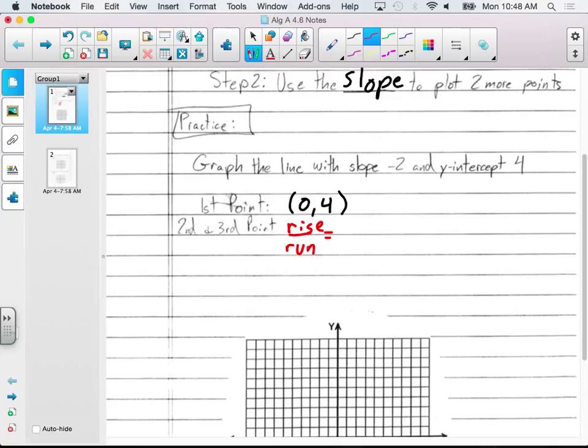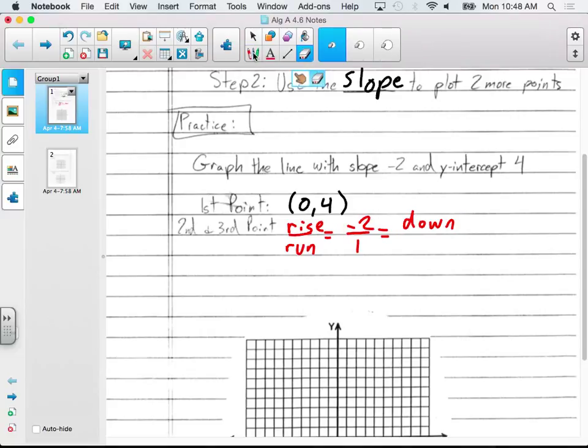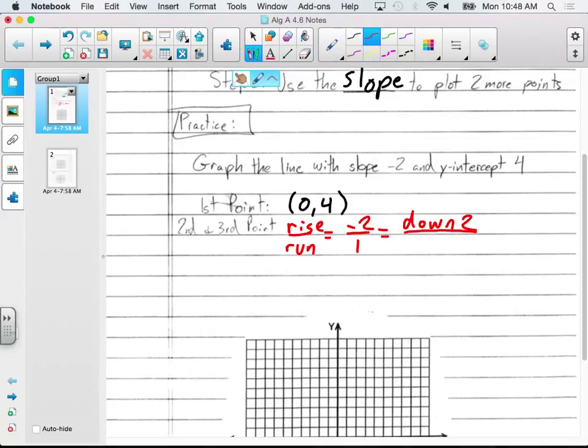And how would we write that? If we're going down, -2 over 1. Okay, so -2 over 1 translates to down 2, and which direction are we going for our run? Right, right 1.